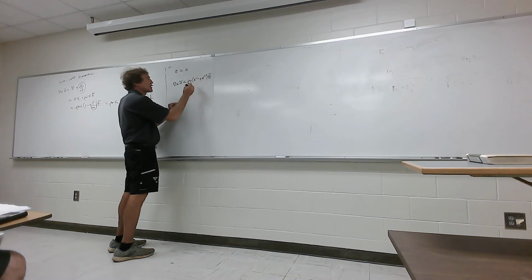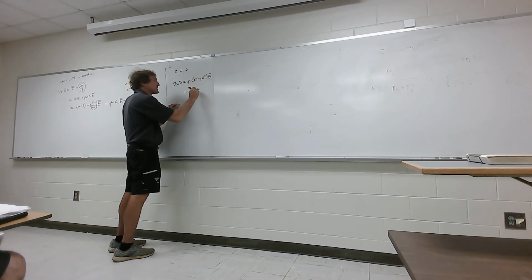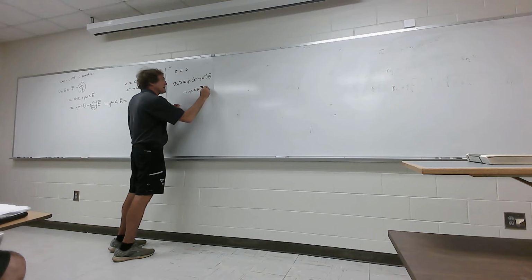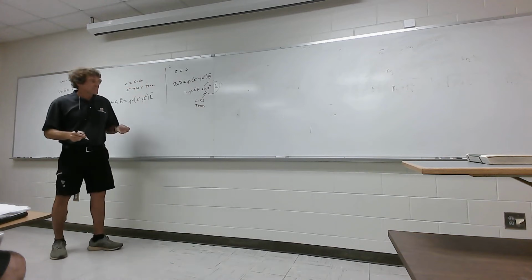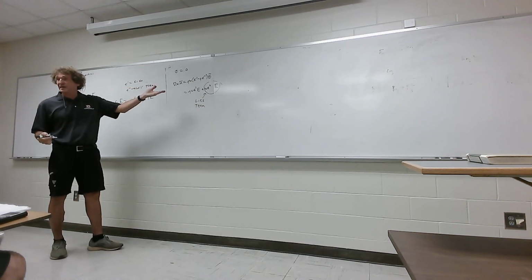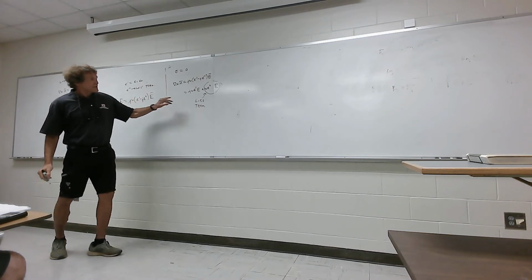So here I get j omega epsilon prime times E, but then I have j times j, which is minus 1, times the minus is plus, then I have plus omega epsilon double prime times E. Now this is the loss, this is the thing called the loss term, right there. And you see, it's just like sigma E. The omega epsilon double prime is just effectively like sigma in the equation that we had. All right, so that's curl of H.